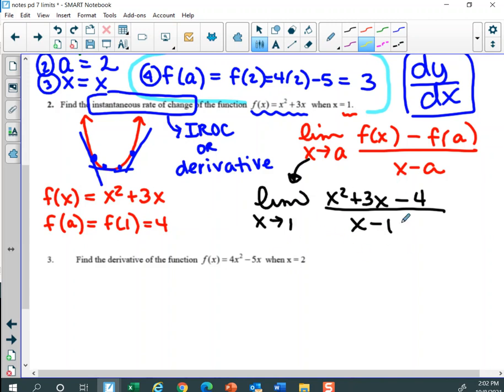Because if I write the problem out like this, if this is the correct setup for the problem, and I decided I'm going to start figuring out this limit by plugging in a 1, unfortunately, when I plug a 1 in, the numerator is going to come out to be 0, and so is the denominator. And that is not an answer that means anything. 0 over 0 is called an indeterminate form. It's unclear what we're saying. We can't divide by 0 normally.